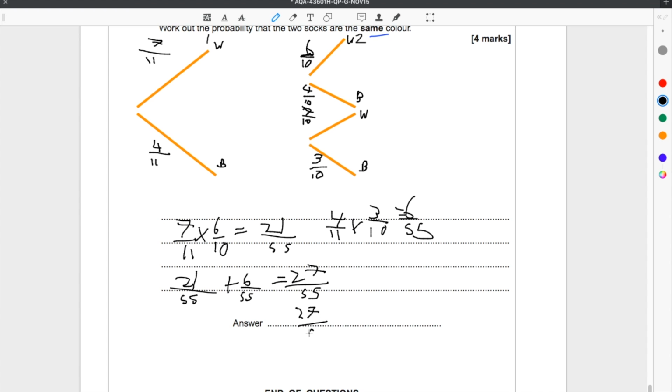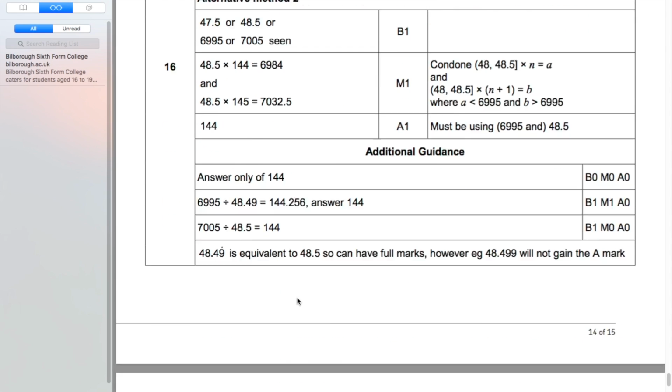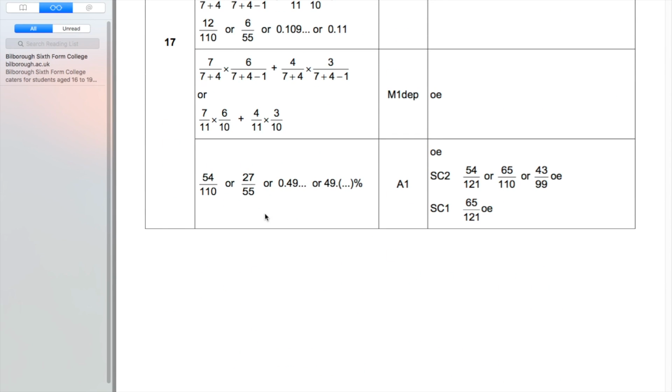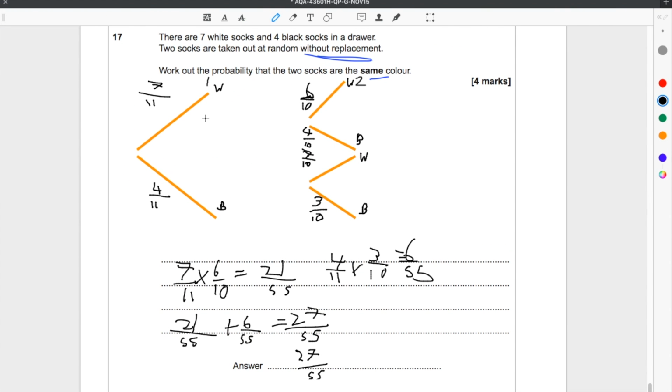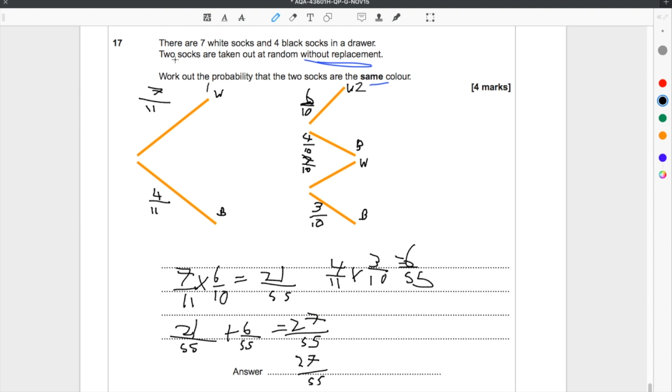And we can check that again on the mark scheme. There we go, 27 out of 55. So there we are, guys, that's question 17. All we've done is draw out a probability tree diagram because 2 socks are taken, so we consider them as independent events, event 1 and event 2.